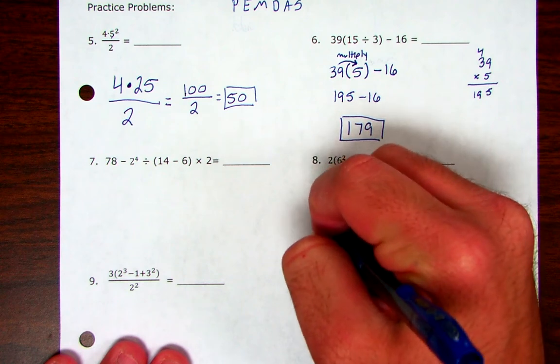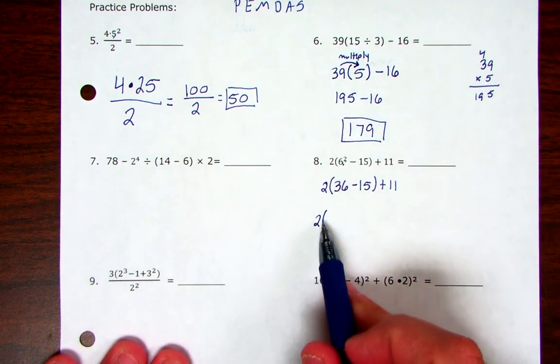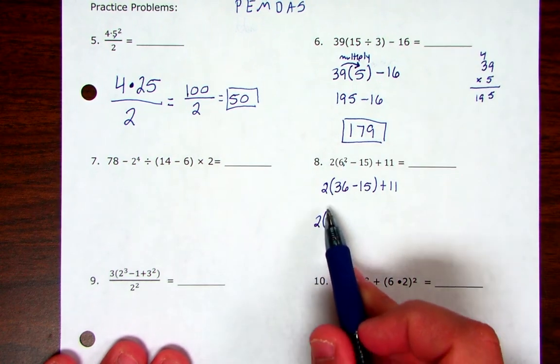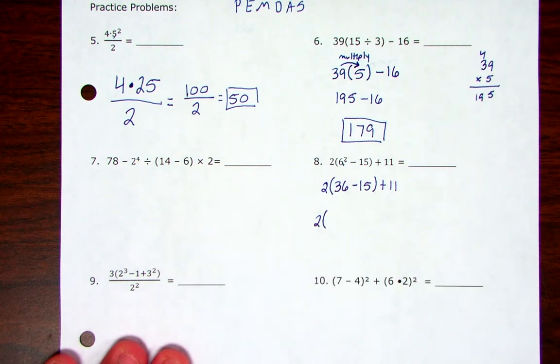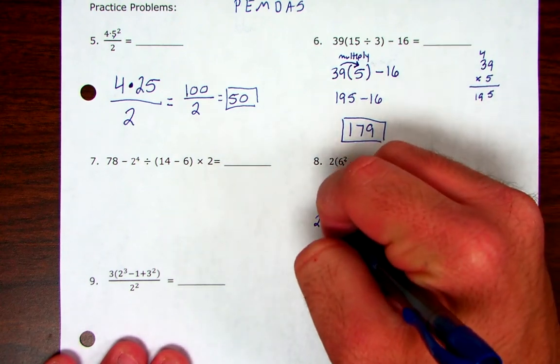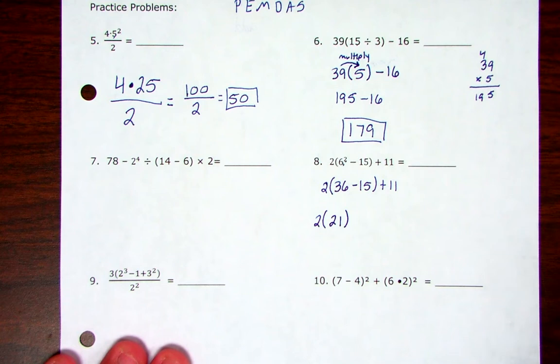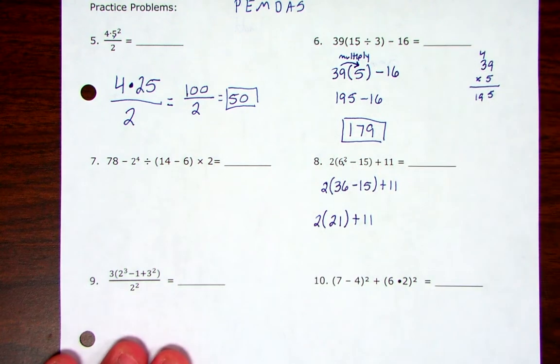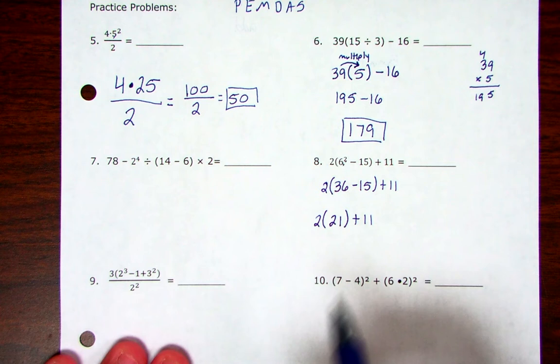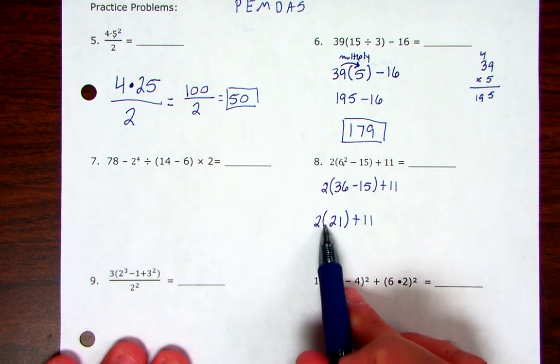So we're still going to have to do the work inside the parentheses. So again, I haven't touched the 2. I haven't touched the open parentheses. What is 36 minus 15? Well, that's just 21. Close your parentheses, plus 11. Well, again, if you notice, this 2 is now directly attached to this parentheses.